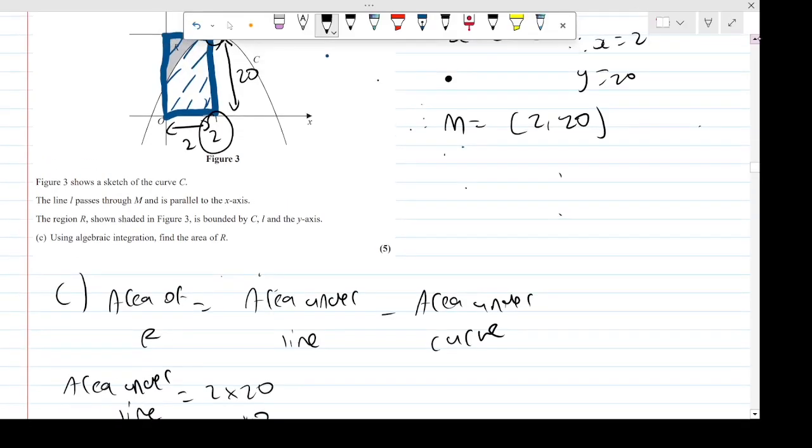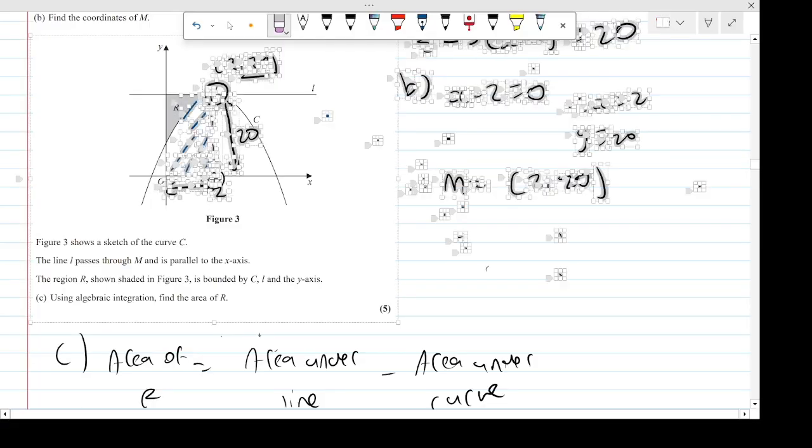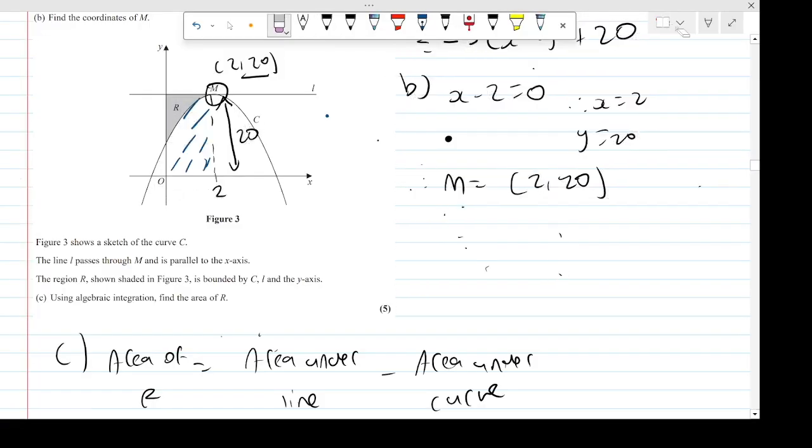Okay. Alternatively, if we didn't spot that was a rectangle, right, between the line and the axis, if I get rid of all this, if you didn't spot that, well, actually, you could still integrate the line, right?